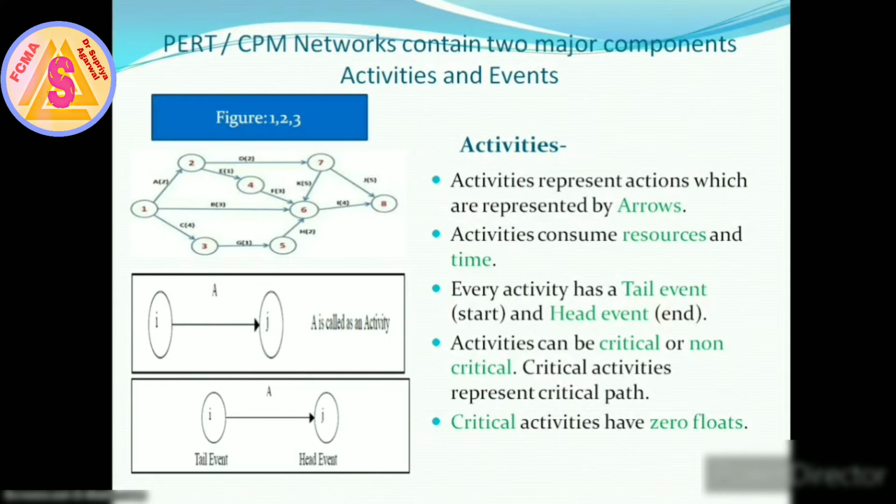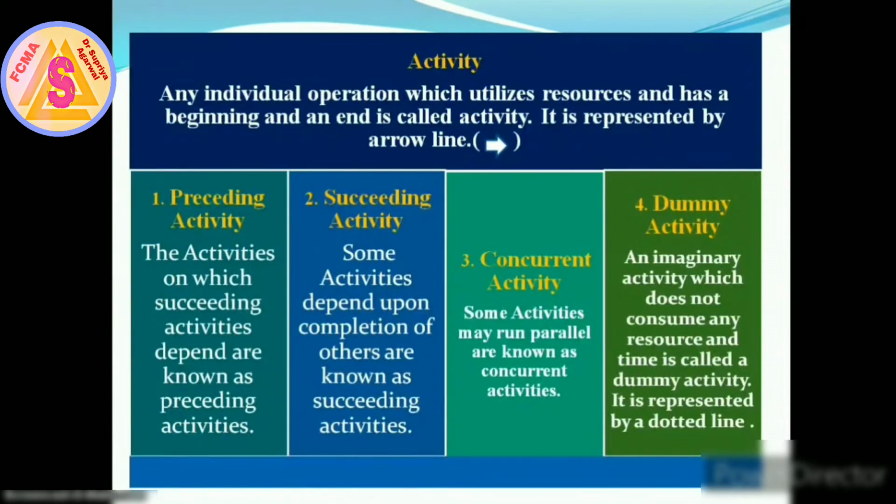An activity can be critical or non-critical. A critical activity has 0 float. We can classify activities into 4 categories: preceding activities, succeeding activities, concurrent activities and dummy activities.